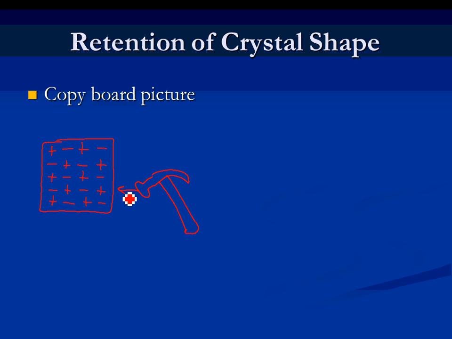What's going to happen is, if we hit it roughly right around here somewhere, that's going to shove this bottom part of my crystal lattice this way. This negative is going to slightly line up with this negative.